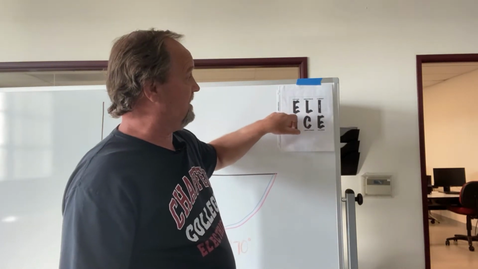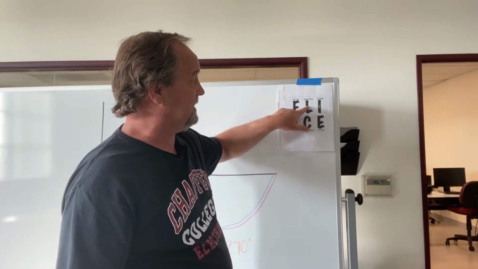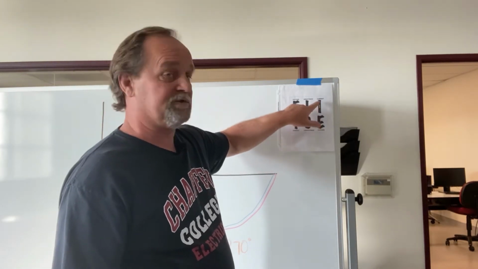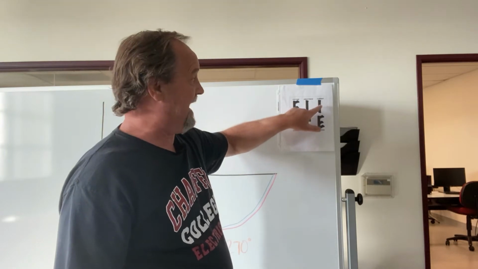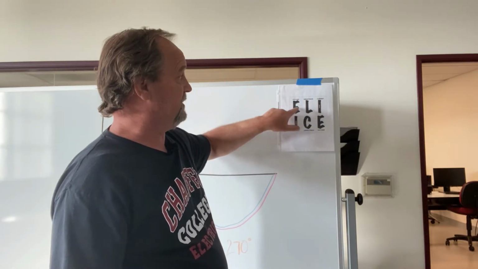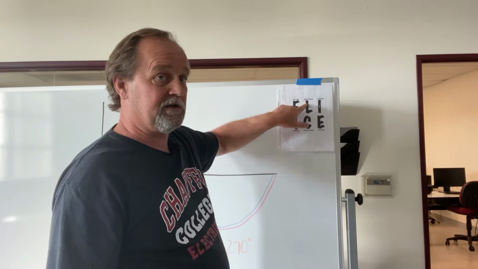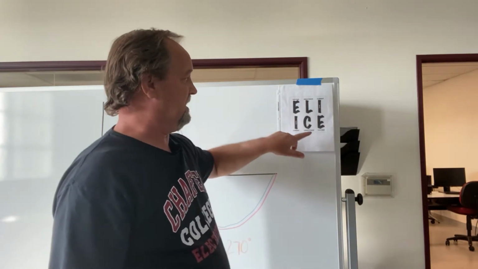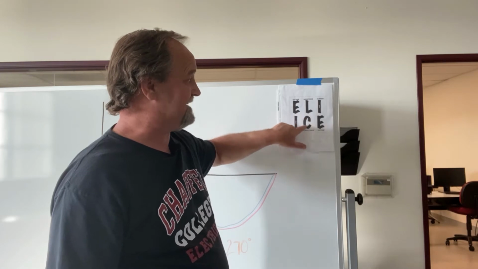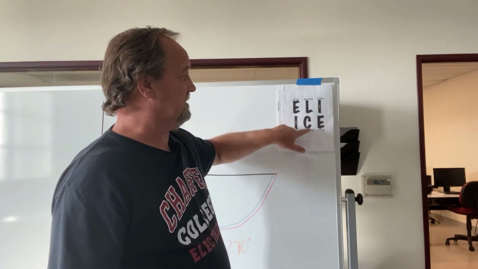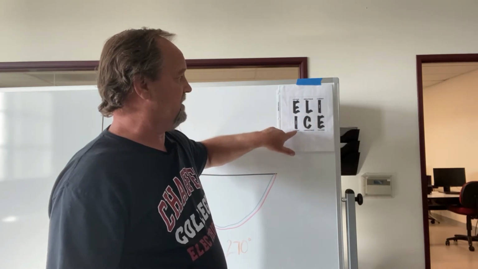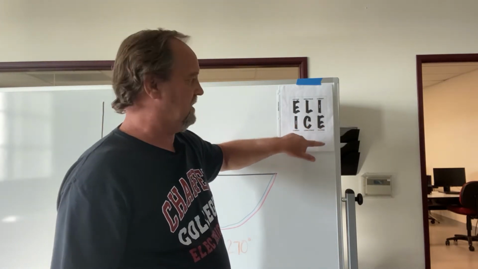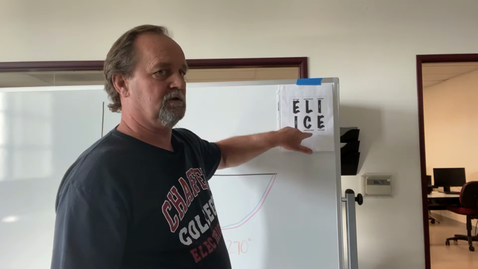Eli, E-L-I, stands for voltage, inductance, and current. And you can see the I, which represents the current, lags behind the voltage in an inductive circuit. The ice part of this means we're talking about capacitance in the middle here, and we have the current I leads the voltage in a capacitive circuit.